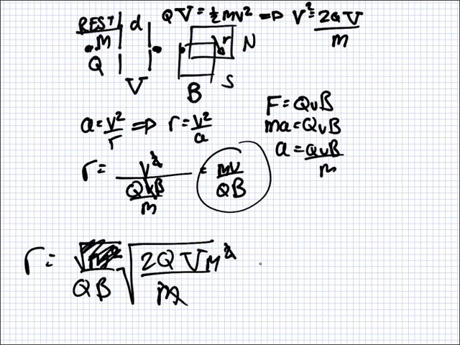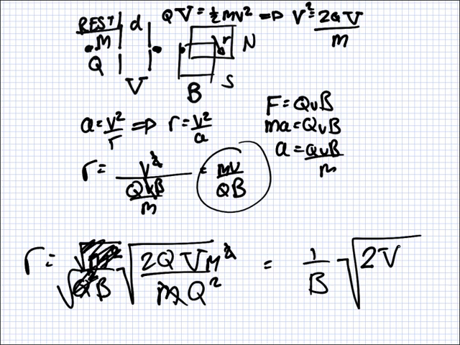I can do something similar with the Q. I can make it a Q squared in a root and put it inside, and it's Q on the bottom. What's only left there? B, isn't it? So it's 1 over B root 2Vm over Q.